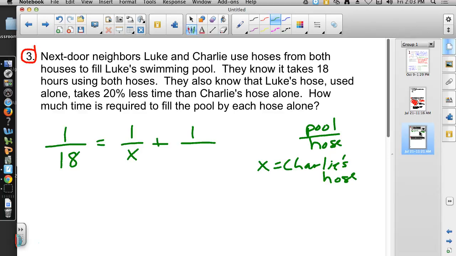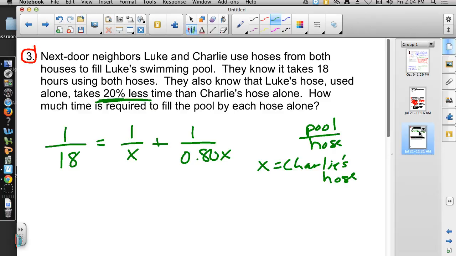And what we have here is that it takes 20% less time than Charlie's hose. I want to know how much time is it of Charlie's hose. So if it's 20% less, then it's 80% of the time that it takes Charlie's hose. So I'm going to put 80% x down there.